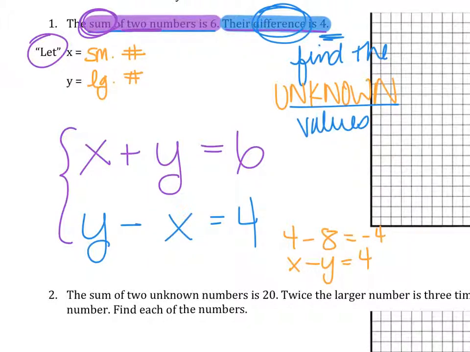And that will be true no matter what values you plug in for x and y. You'll always get a negative answer. Think about if we plugged in 3 and 12. You would get negative 8. And so we have to make sure that the larger number, whether it's your x or y, that's different for everyone, has to be first, and you have to subtract the smaller number from that.